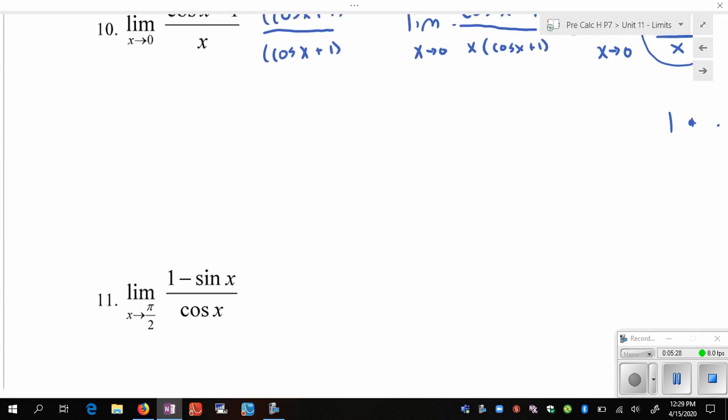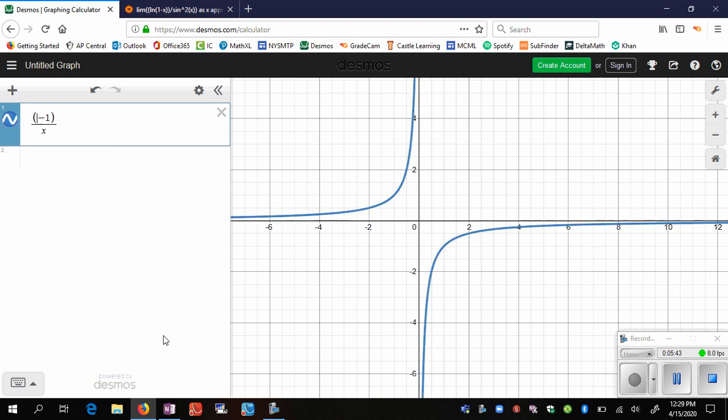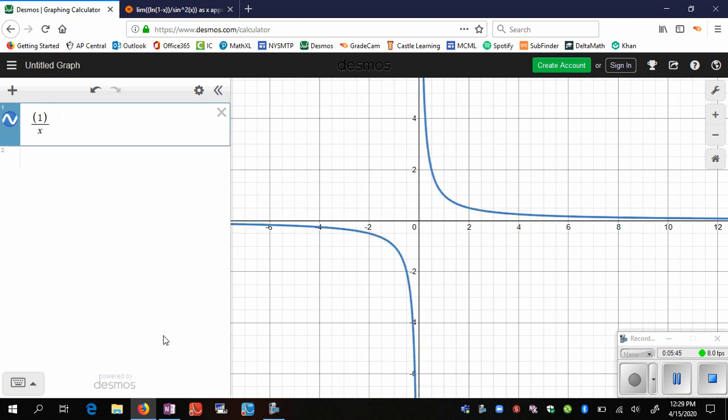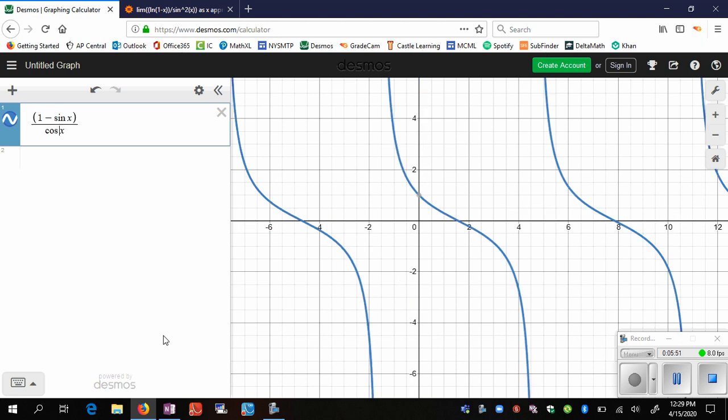I could multiply through by the conjugate because by direct substitution I get 0 over 0, or again, I could just graph 1 minus sine x over cosine x. So I'm just going to take advantage of that. 1 minus sine x over cosine x.